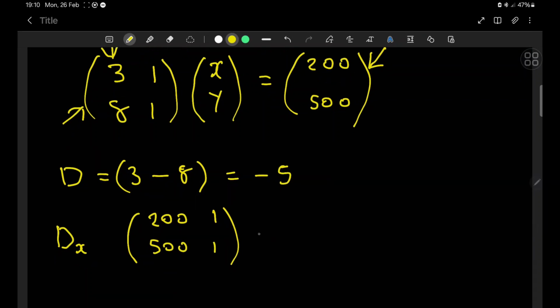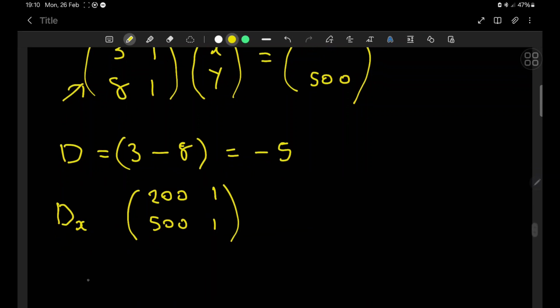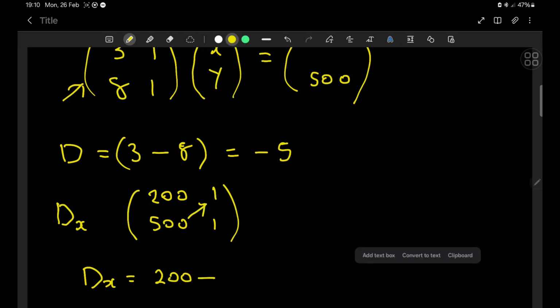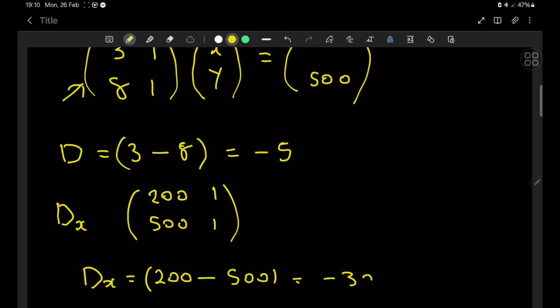We'll call this the determinant of x. So we do the same, 200 by 1, that is 200, minus 500 multiplied with 1, giving us 500. And this will be equal to negative 300.